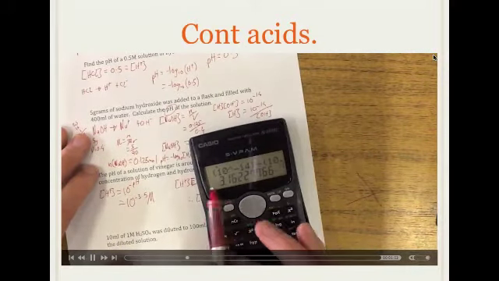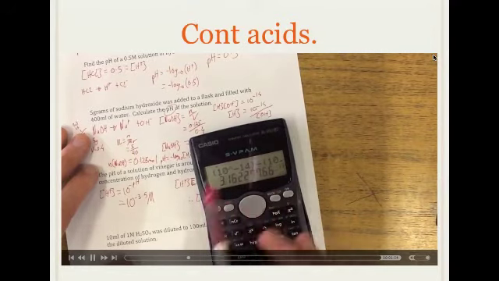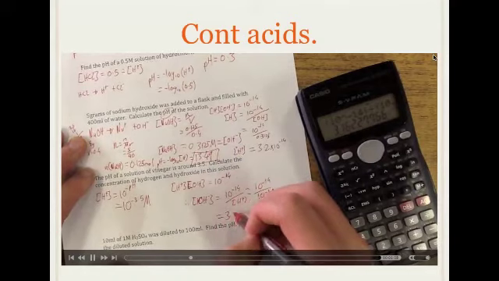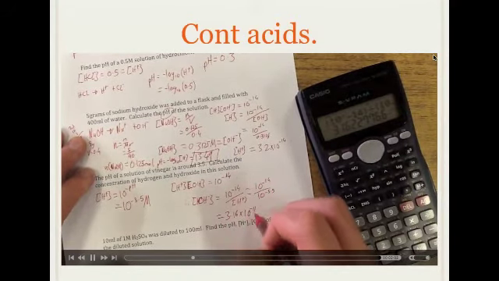So, we've got our concentration of hydroxide, which is 3.16 times 10 to the power of negative 11.